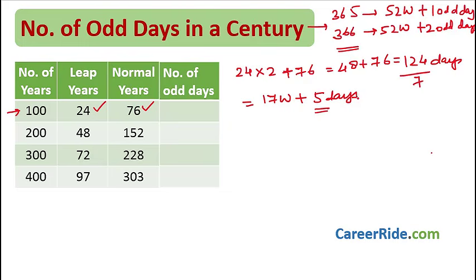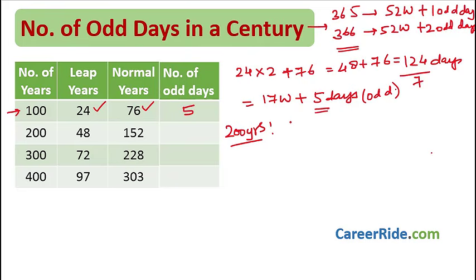So what have I got? I have got 5 odd days. Let us put this information in the table. So if I have got a period of 100 years, I have got 5 odd days here. Now, if my period given is 200 years, what would happen here? In a period of 200 years, I know there are 48 leap years.